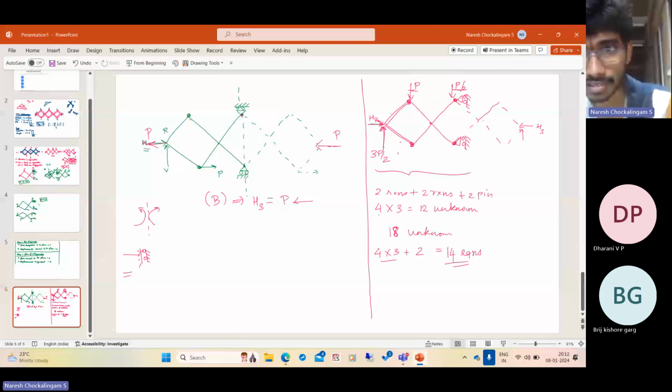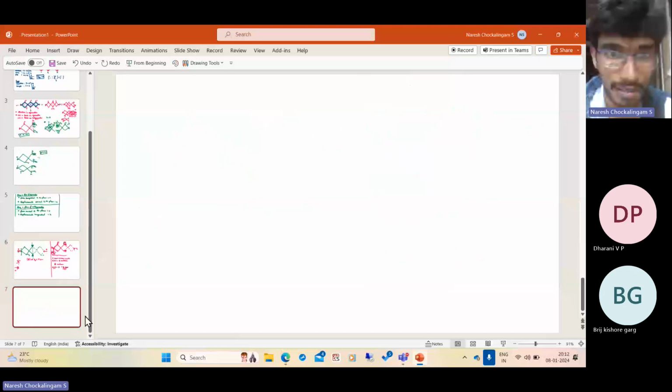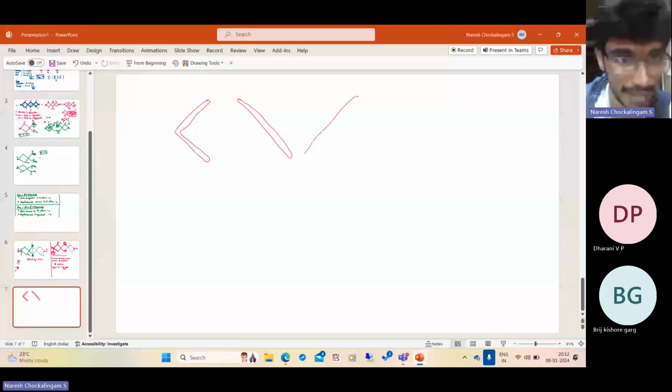So let us draw the free body diagrams. This is one member. This is another member. And let us put all the unknowns on this. So you have the horizontal reaction at R, vertical reaction at R. This is a pin connected joint, and you know the bending moment is 0 here.